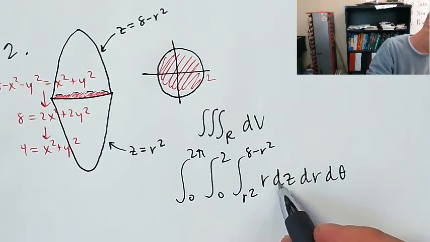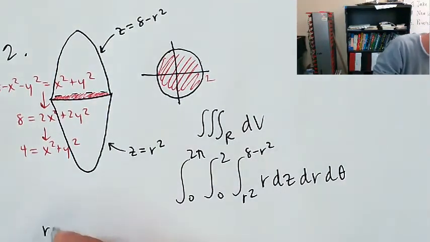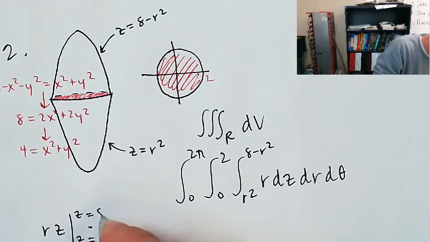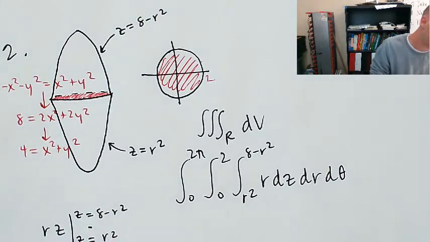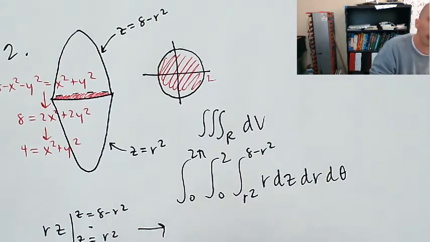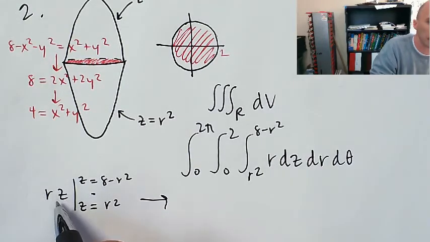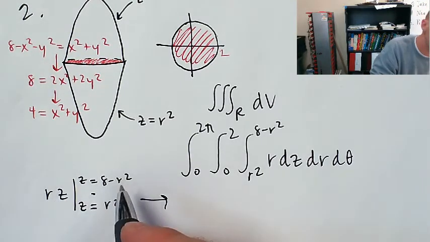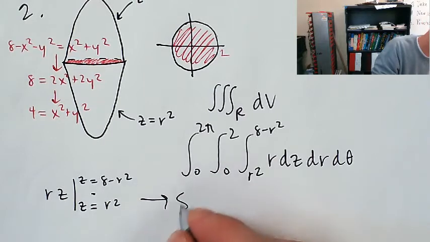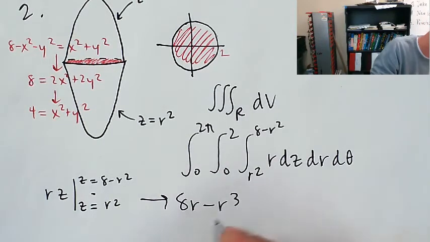And, okay, antiderivative for r with respect to z will again be rz. I'll let z run from r squared up to 8 minus r squared. Okay. I'll actually plug that in and say, all right, when z is 8 minus r squared, I'll have 8r minus r to the third. And then here, when z is r squared, I'll have another minus r to the third.